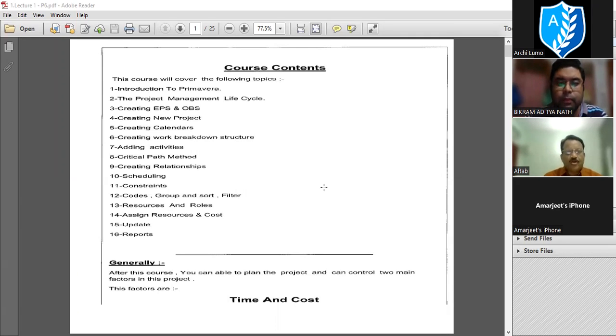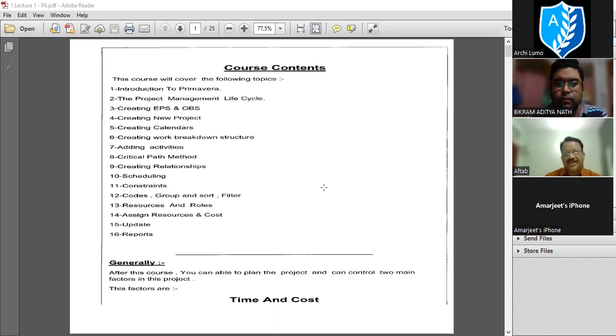We have already gone through the introduction to PRIMAVERA and some project management terminology along with the project management life cycle. Now, what is EPS? What is OBS? How is a new project created? What are calendars, what do they mean, how are they made and how are they used? What is work breakdown structure?